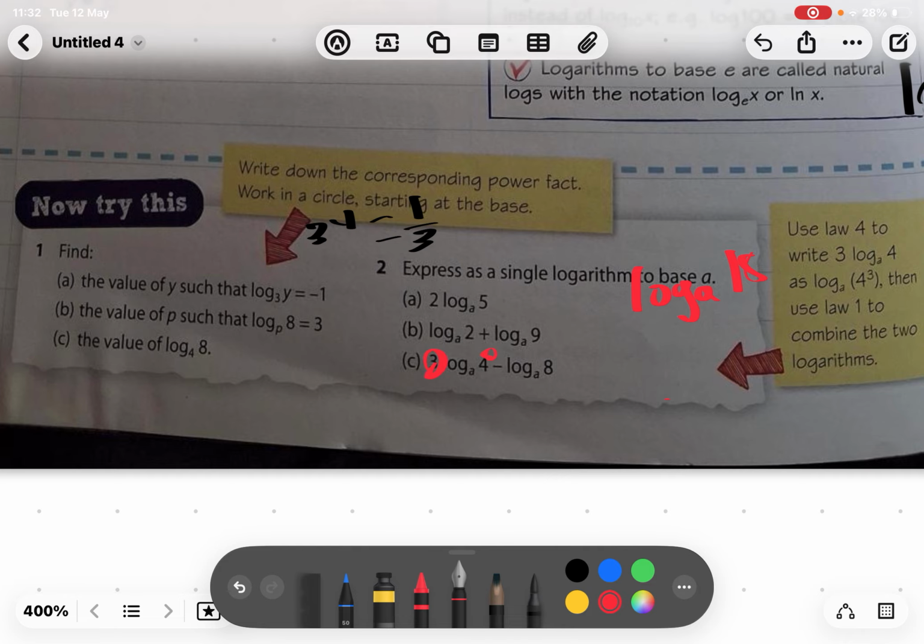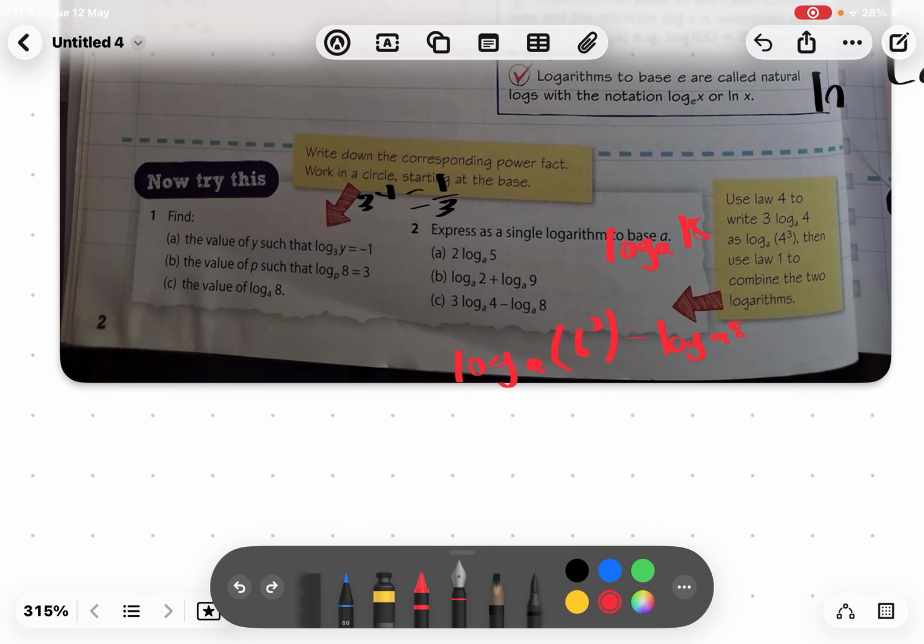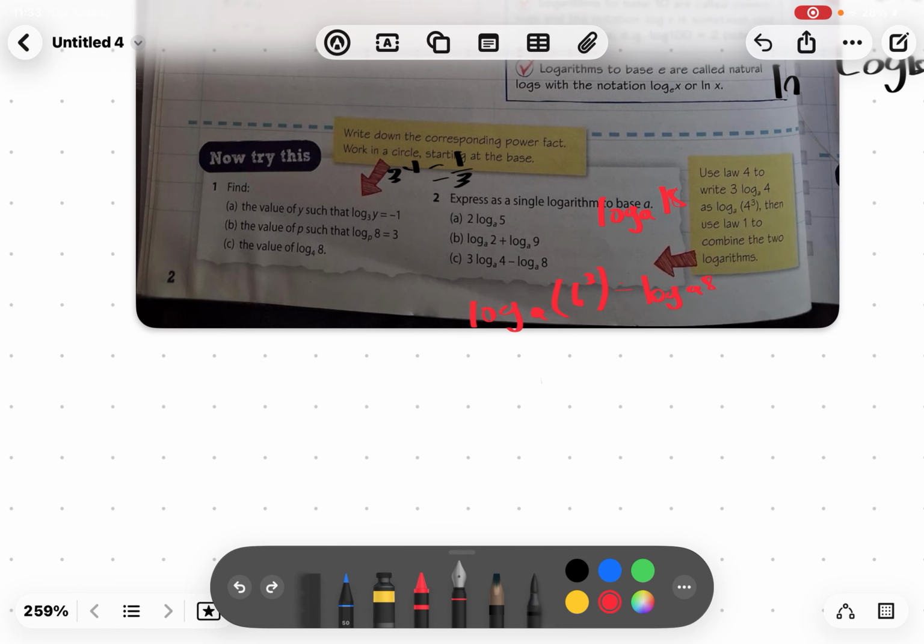We move this here: log base 5 of 4 3, take away log base 5 of 8. After this, using the subtraction and division rule, this is equal to log 4 3 over 8. The reason 8 is in the bottom is because it's a negative. So yeah, and this is right.